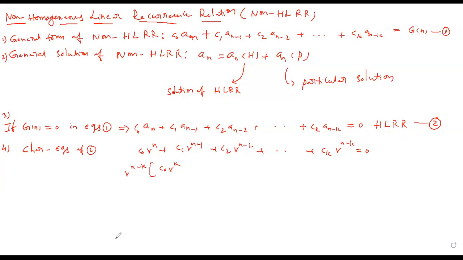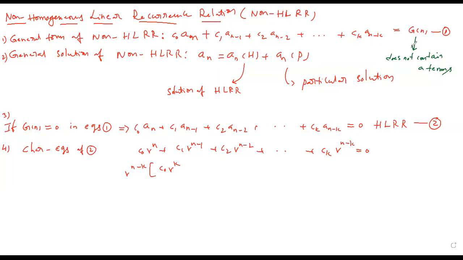Here the important thing is this right side function G_n, clearly listen, my dear students. The right side function G_n does not contain a terms. Keep this point: we have to write all the terms which contain a on the left side.